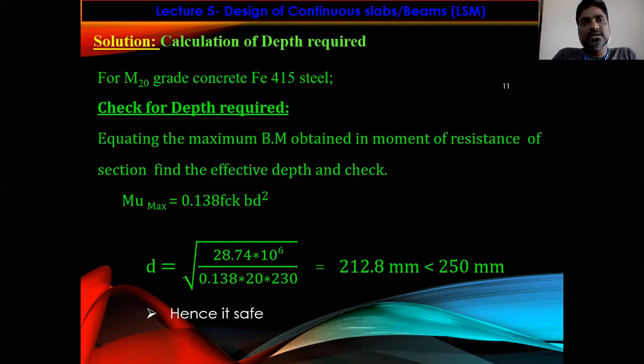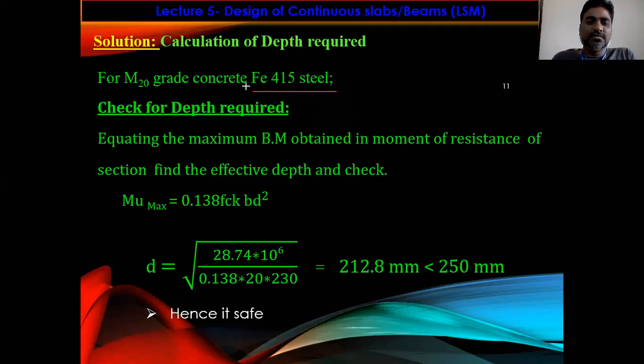That means the depth of neutral axis is Xu max, that is limiting depth of neutral axis. And this limiting depth of neutral axis can be determined from IS 456-2000 based upon the grade of steel. So here the grade of steel is Fe415.